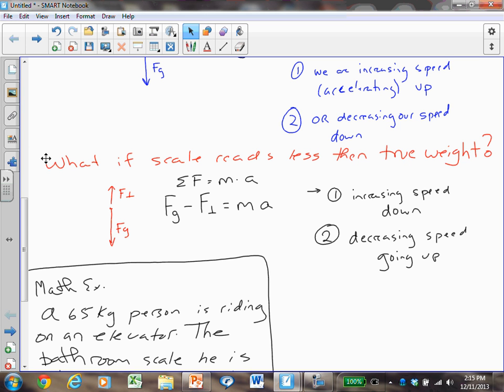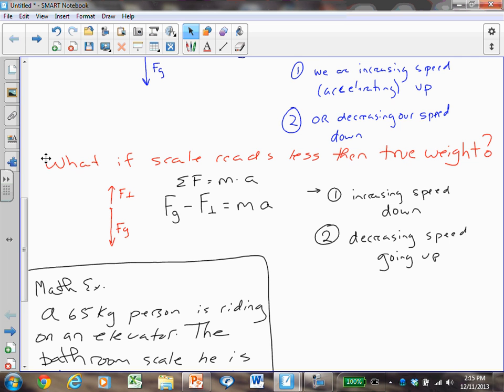Okay. Now, what would you say if the scale actually read 0? That would mean that the free body diagram was all Fg, and F perpendicular was 0. If that's the case, then your acceleration is actually 9.8 meters per second squared, and you're in free fall. The cable's cut, and you've got problems.